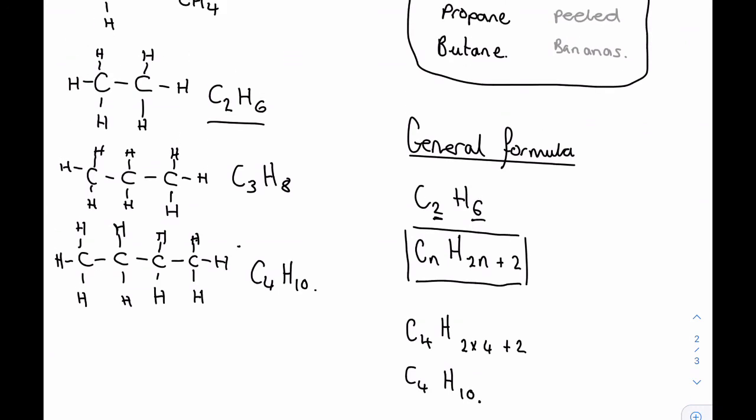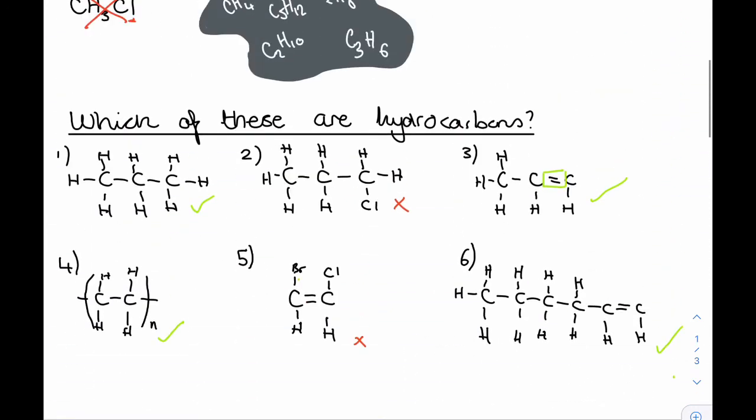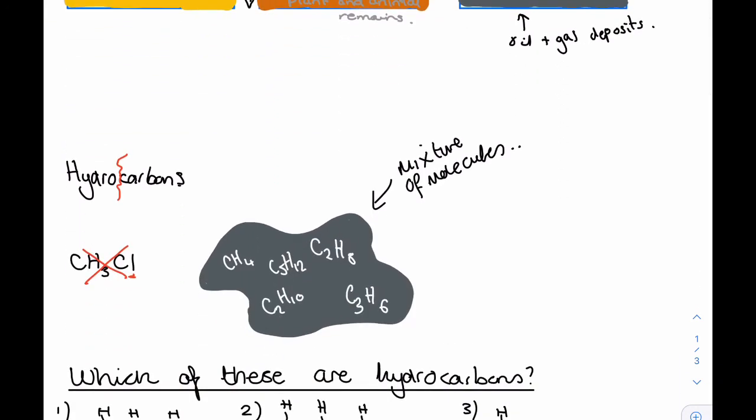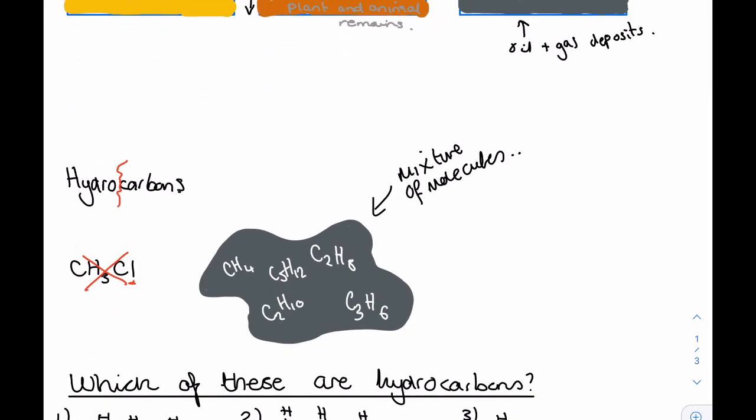So just a summary of what you need to know from this video. You need to have an understanding that dead plants and animals build up over time. Lots of pressure causes crude oil to be produced. You need to know that crude oil is a mixture of molecules that are mainly hydrocarbons, which are things with just hydrogens and carbon bonded together.